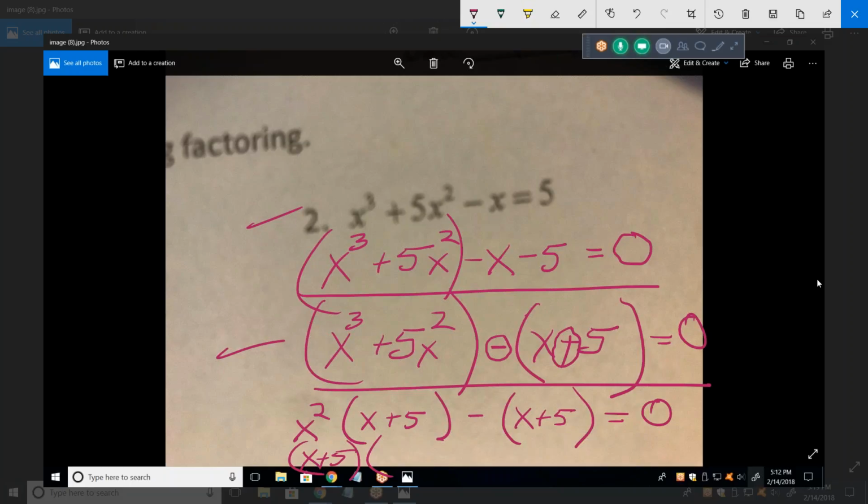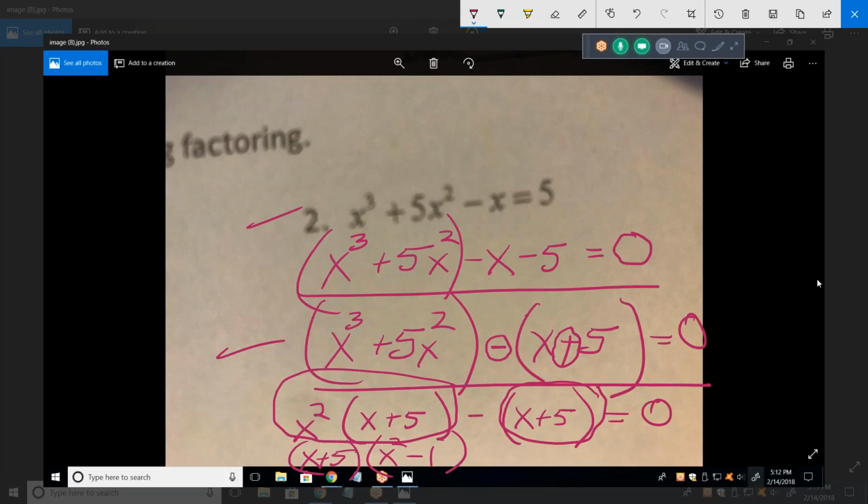What's left over? X squared? Minus 1. In other words, when you factor an x plus 5 out, you divide that term by x plus 5 to get x squared, and you divide that term by x plus 5 to get 1.